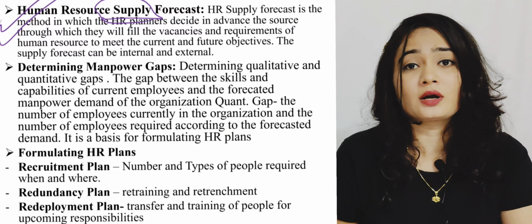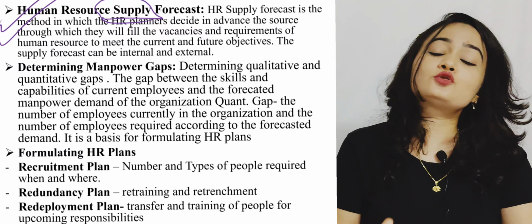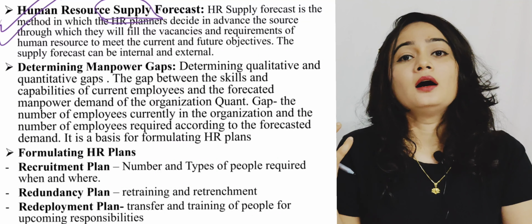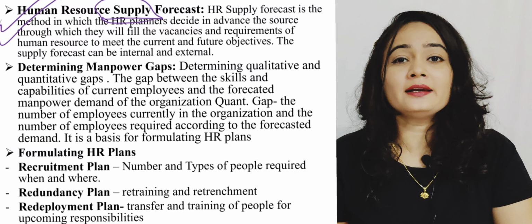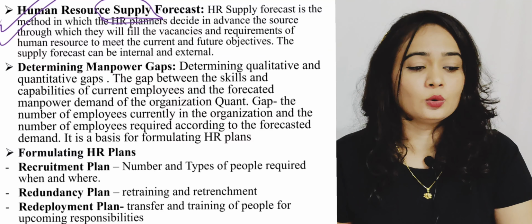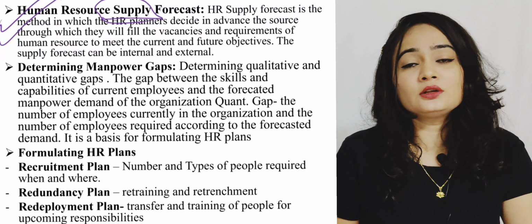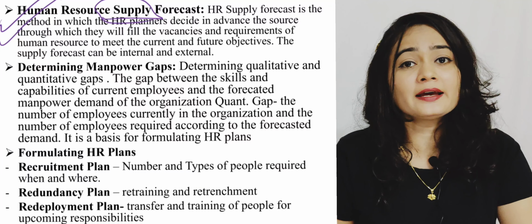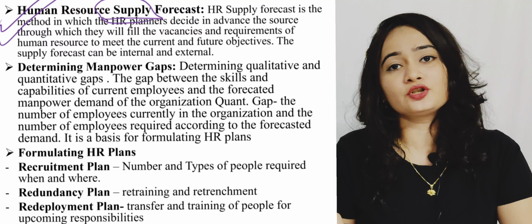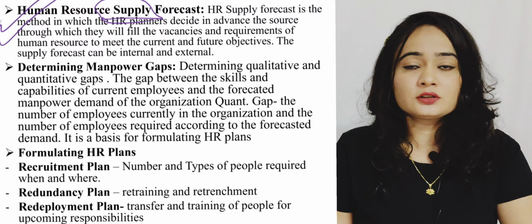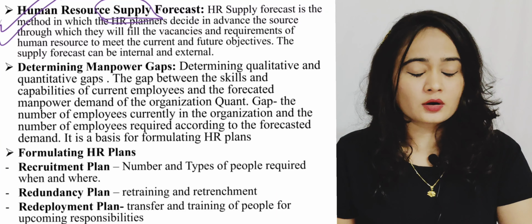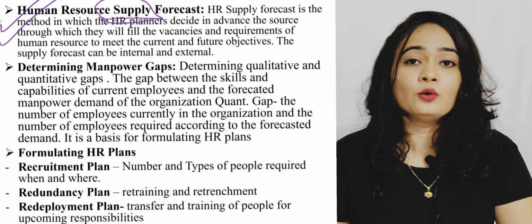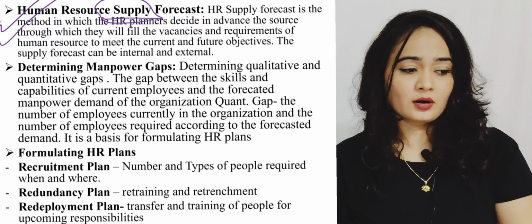So the source has to be decided from where you can get the desired person who can help you achieve the organizational goals. Now the supply forecast includes external supply and internal supply. External supply is when you fill the vacant position through people from outside the organization, and internal supply is when you fill the vacant position through people from within the organization.